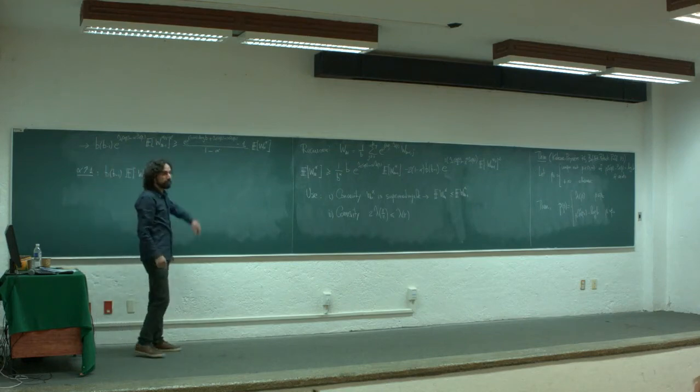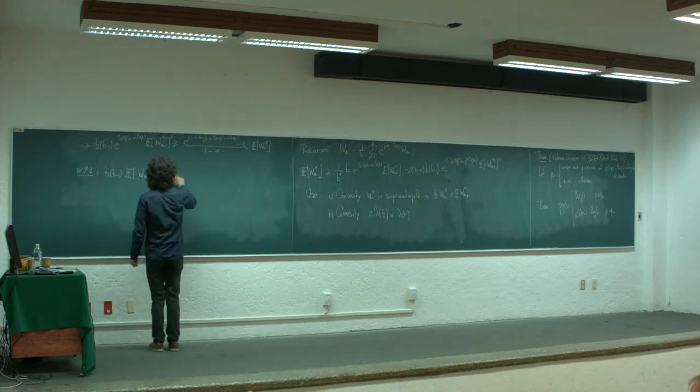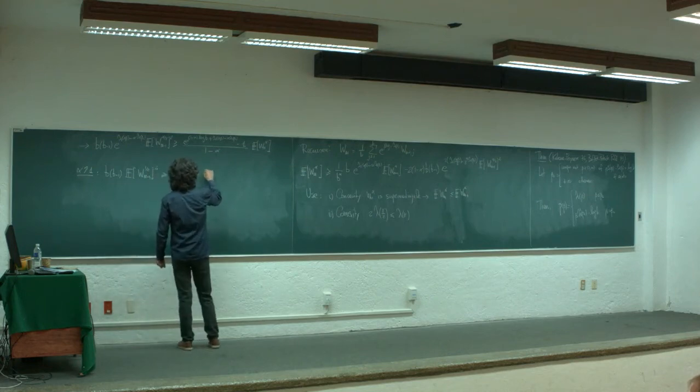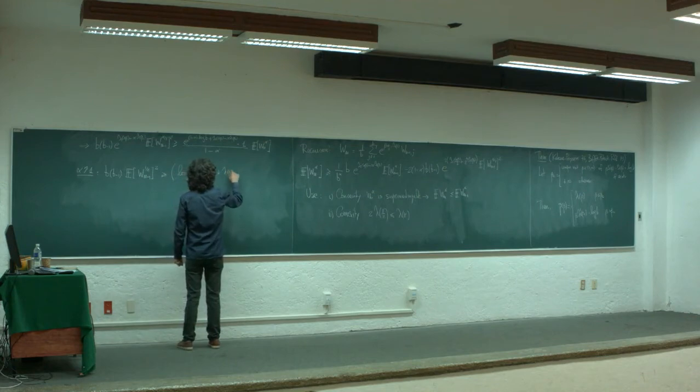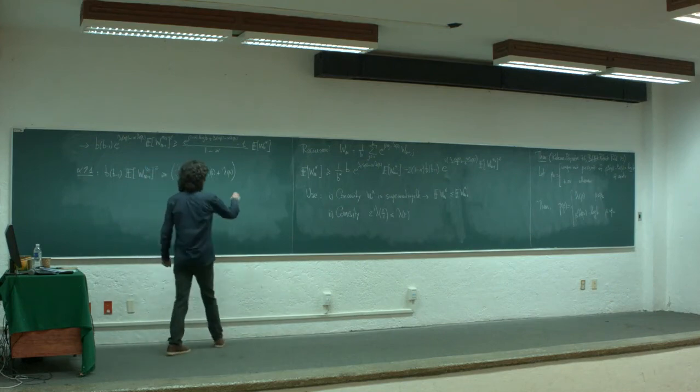And now this ugly piece turns out to be a derivative, or minus a derivative, actually. So what you get here is log b minus b times lambda prime of beta plus lambda of beta. And when alpha goes to 1, you just get the expected value of W_n, which is 1.